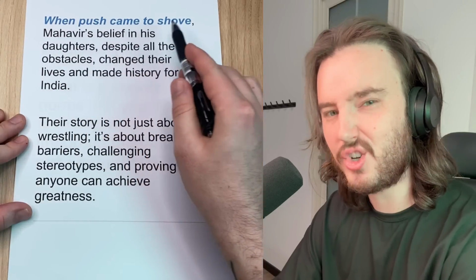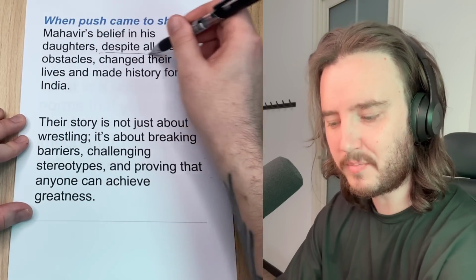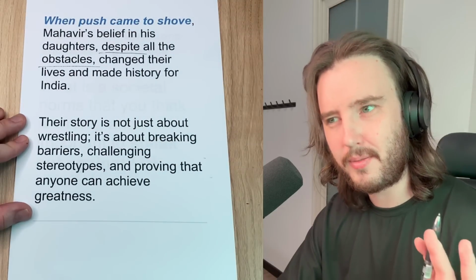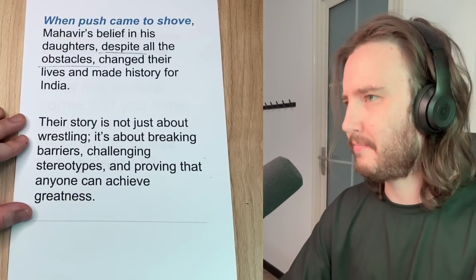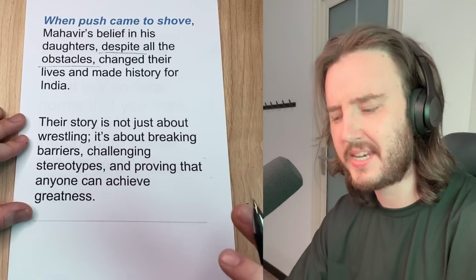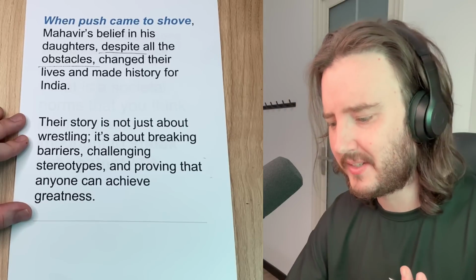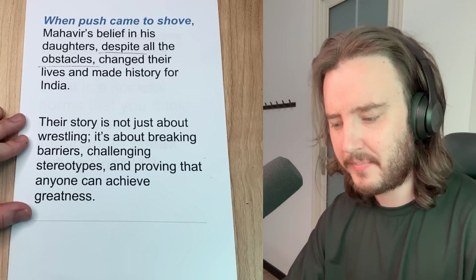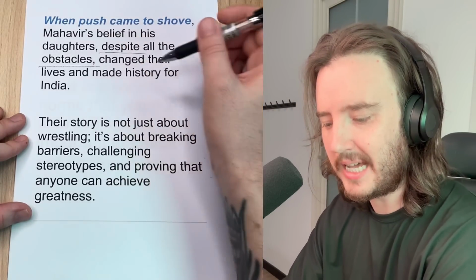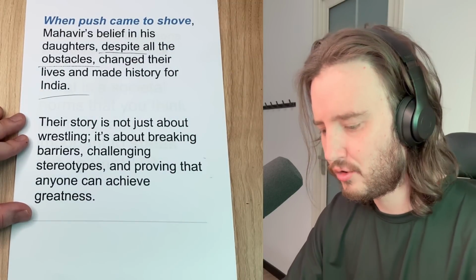When push came to shove, when times got tough, Mahavir's belief in his daughters, despite or in spite of all the obstacles, all of the barriers, all of the people and ideas and expectations trying to hold them down, trying to hold them back from achieving success. Despite all of that, they changed their lives and made history for India. So we have a very happy ending to the story.